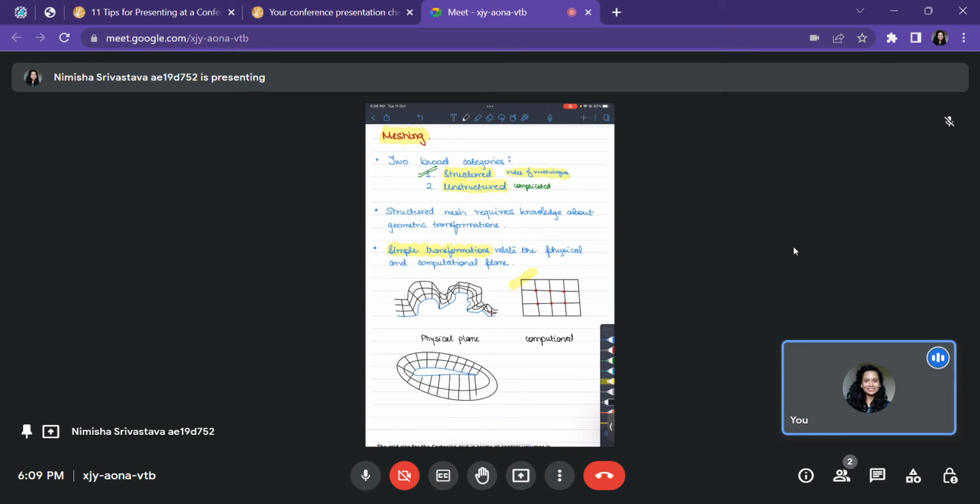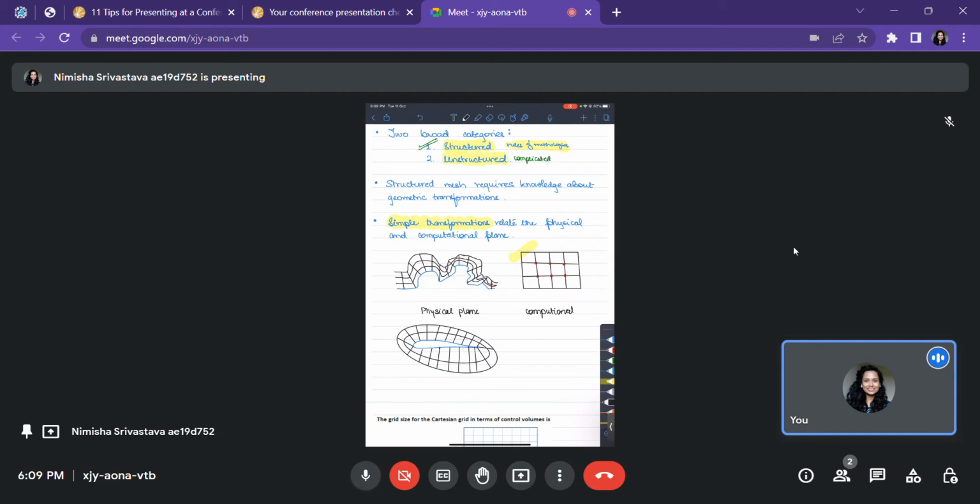So basically, a requirement is to map all of the different meshes that you might expect from different shapes onto a similar looking shape, so that we can evaluate our values at each and every node point or each and every cell center fairly easily without having to make a lot of changes in our existing code. So that's the motivation behind using structured mesh.